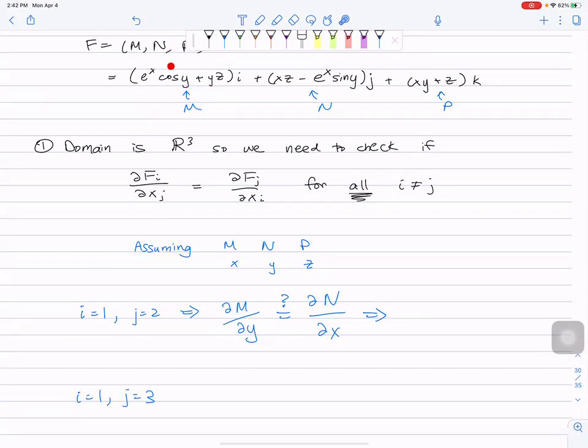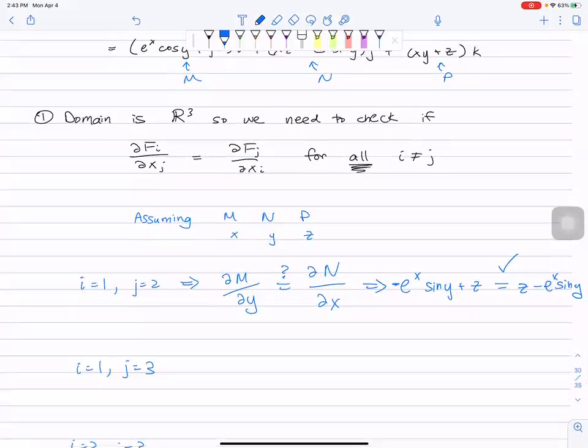If we take the partial with respect to y, we're left with e to the x sine y plus z. This term, the partial of n with respect to x, gives us z minus e to the x, oh, there's a negative sign out here, minus e to the x sine y. And indeed, they are equal. So we've checked our first criteria.